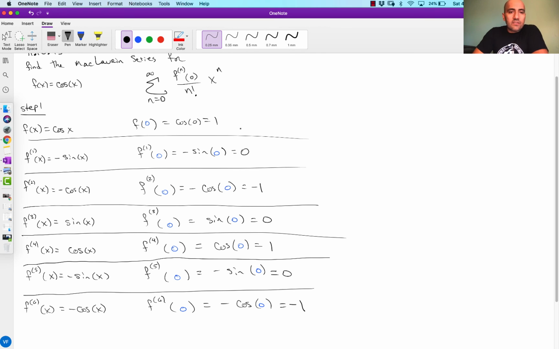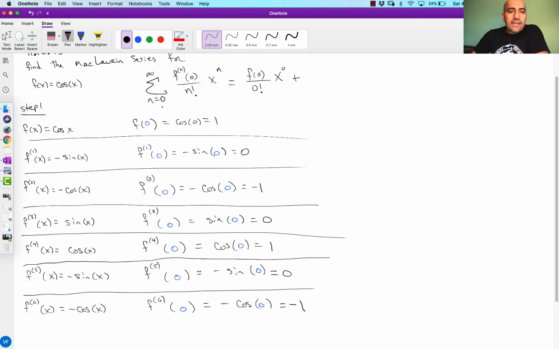So if I expand this out, I end up with the first one. That's just going to be f of 0 all over 0 factorial. We've established that that means it's a 1. And then x to the nth power, so x to the 0 power. So that's just replacing 0 there, 0 there, 0 there.